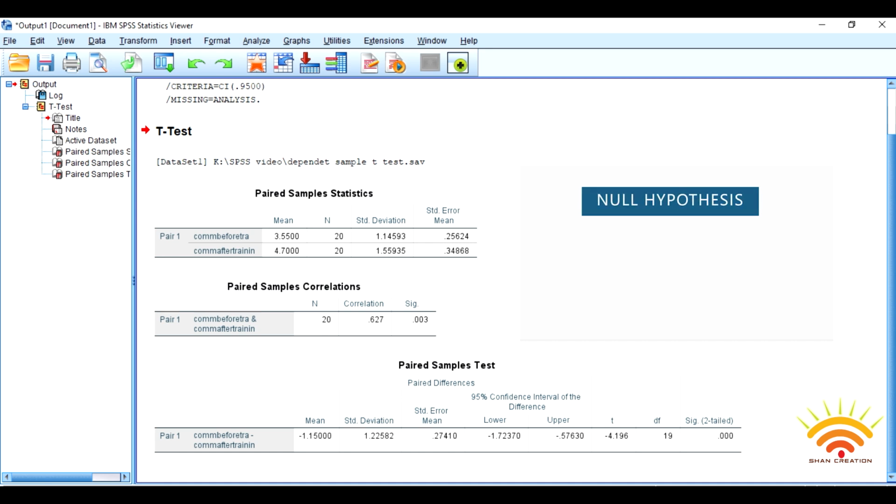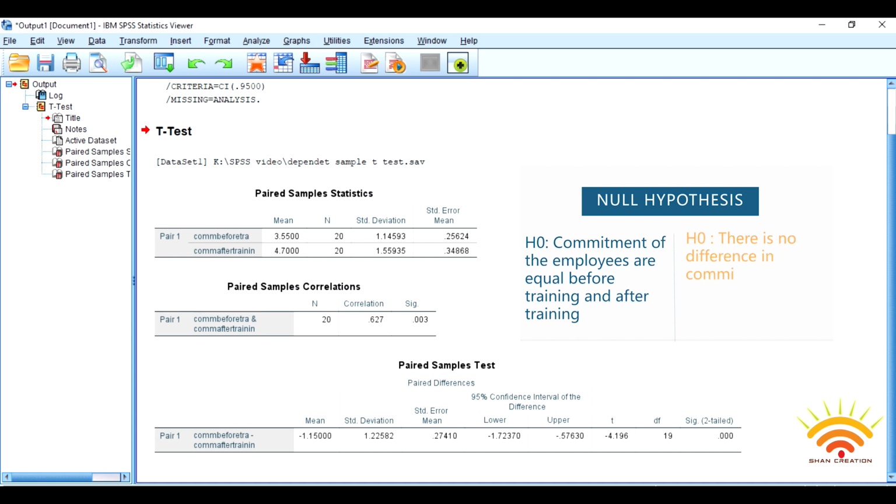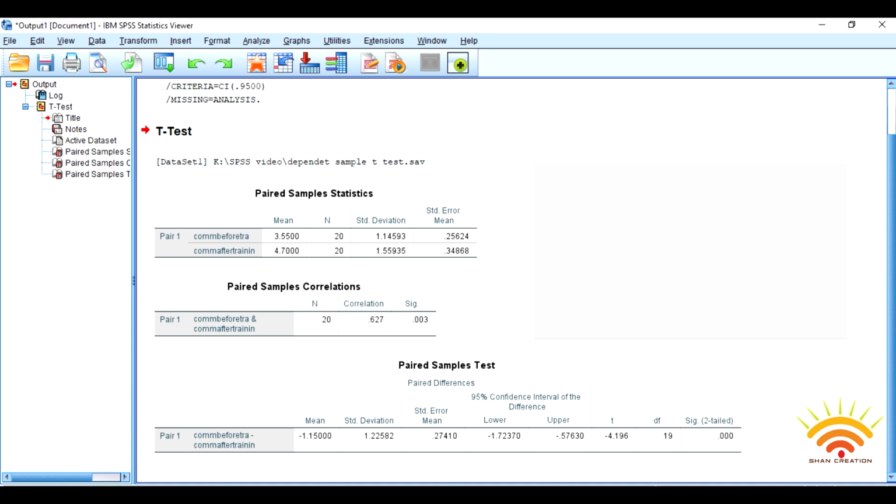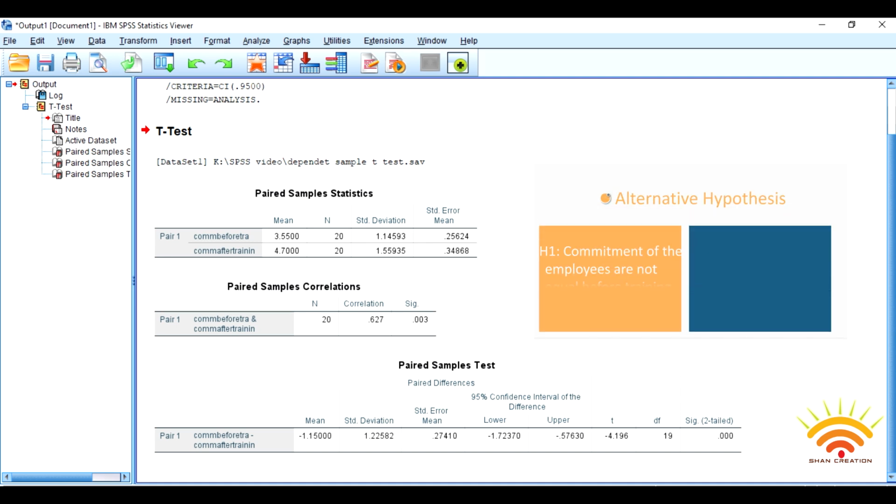So your null hypothesis can be written as: commitment of the employees is equal before training and after training, or there is no difference in commitment between the two times. The alternative hypothesis can be written as: commitment of the employees is not equal before training and after training, or there is a difference in commitment between time 1 and time 2.